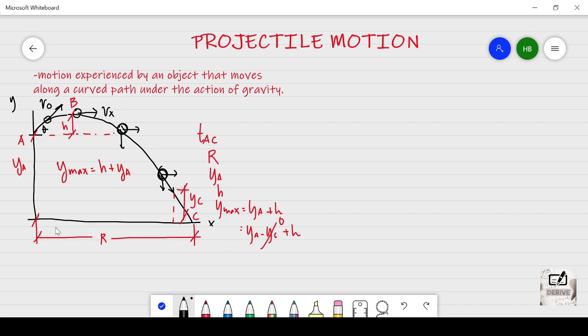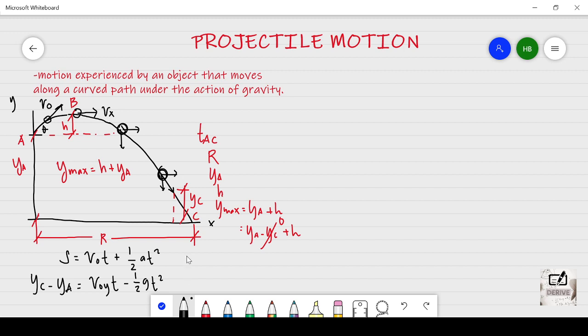We're also going to use the distance formula of the straight line motion, and we are going to convert it for the projectile motion. Since it's displacement, if you have a YC, that will be YC minus YA equals V0Y t minus 1/2 g t squared, since it tackles vertical motion.